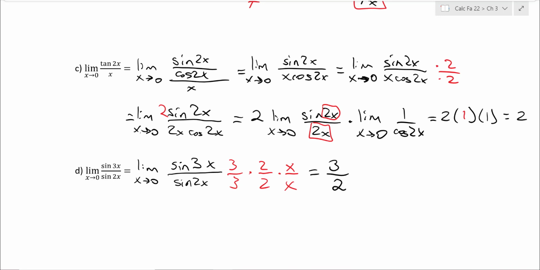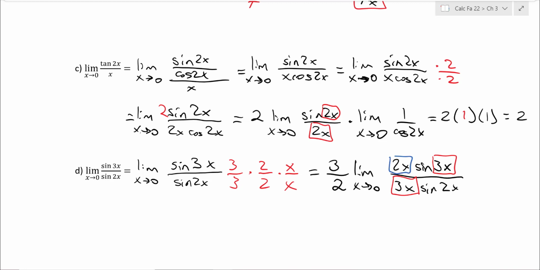We can pull that out front. And then we've got our limit as x approaches 0 of 2x sine 3x over 3x sine 2x.